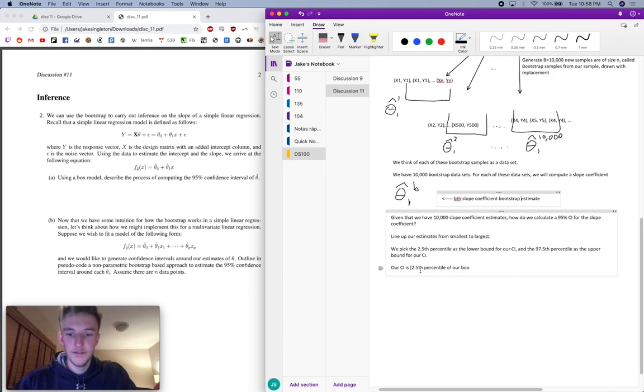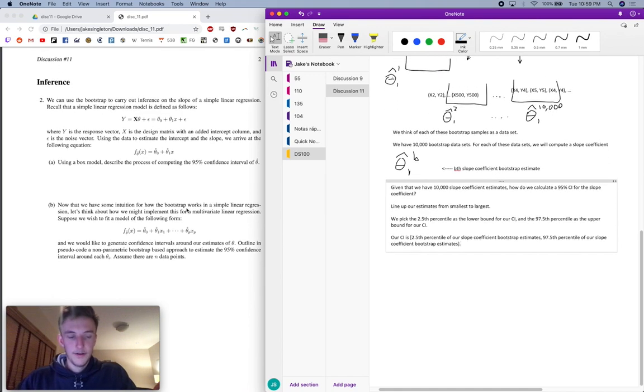So our CI is the 2.5th percentile of our slope coefficient bootstrap estimates, comma, the 97.5th, this is hard to say, percentile of our slope coefficient bootstrap estimates. And this is all we'd have to do to calculate a 95% confidence interval for theta 1 hat. And so this is the answer to part A.